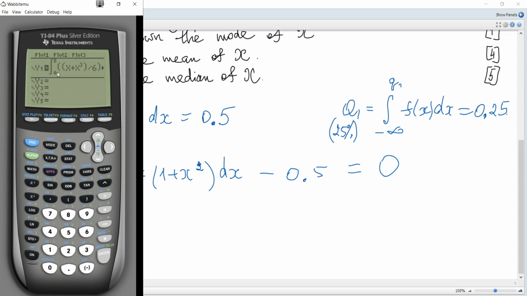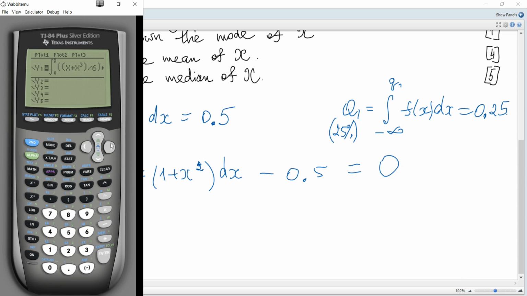So we consider the next function: the integral from 0, because for this problem x is between 0 and 2, so it starts at 0, up to x.